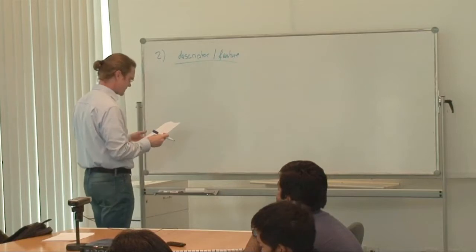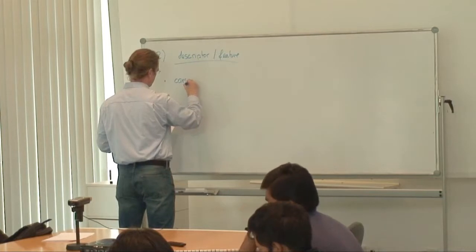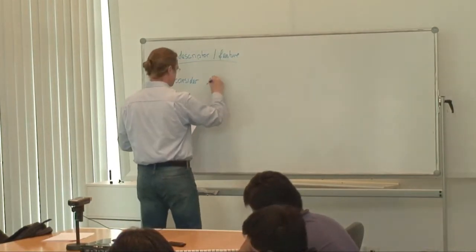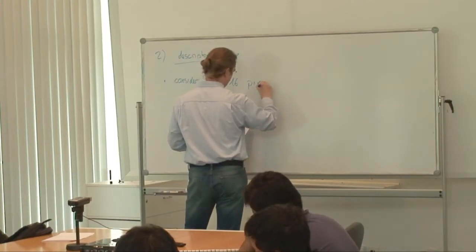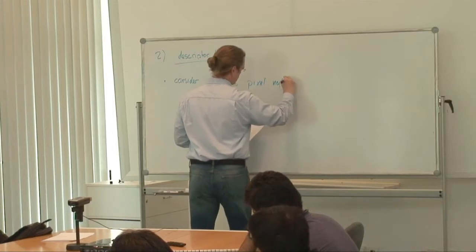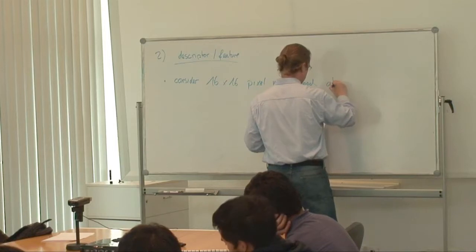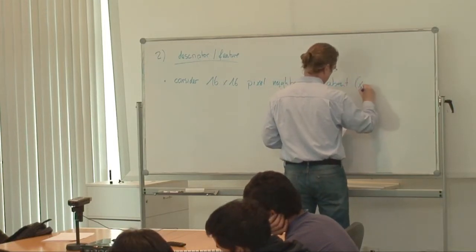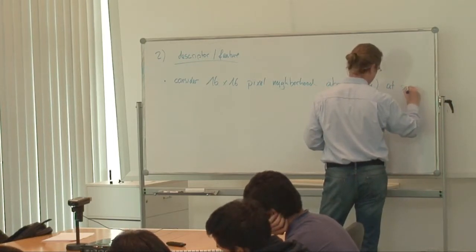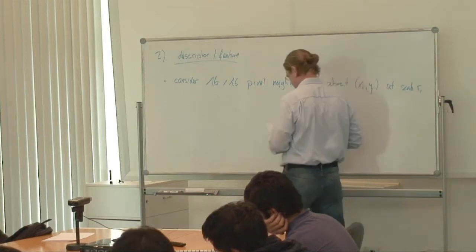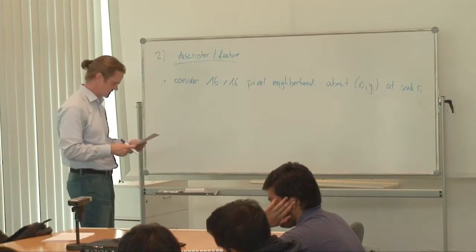And this works like this, very biological. So we consider a 16 by 16 pixel neighborhood about xi, yi at scale sigma i. 16 by 16 is certainly what your brain does.